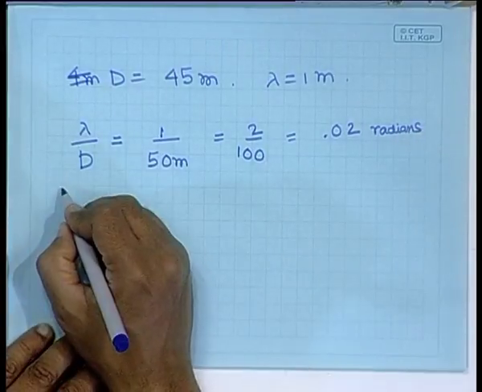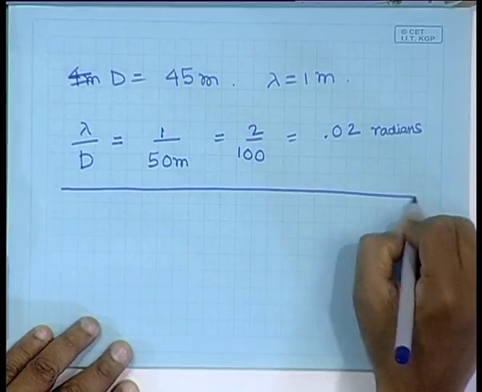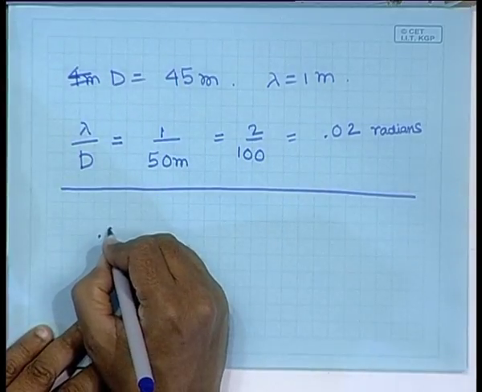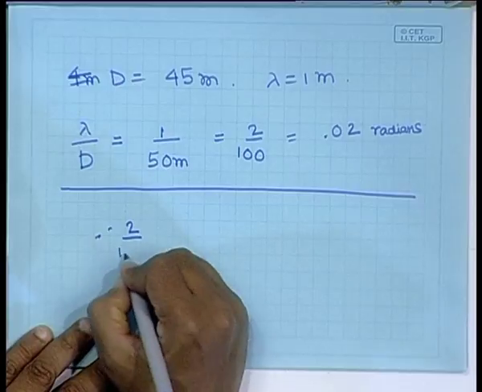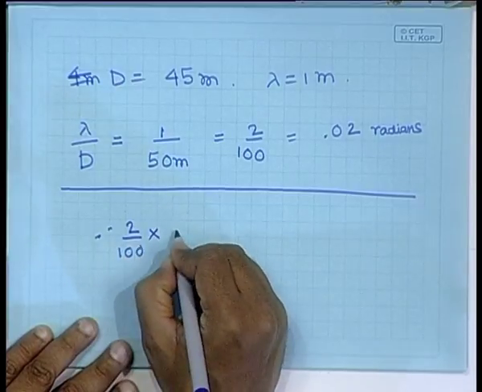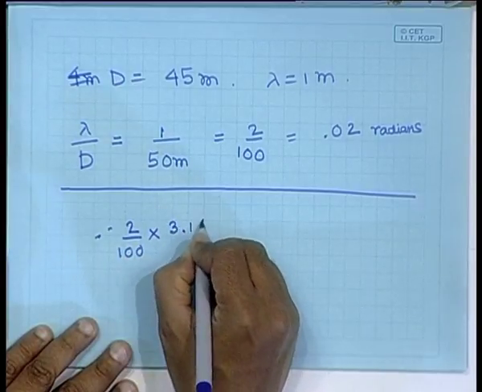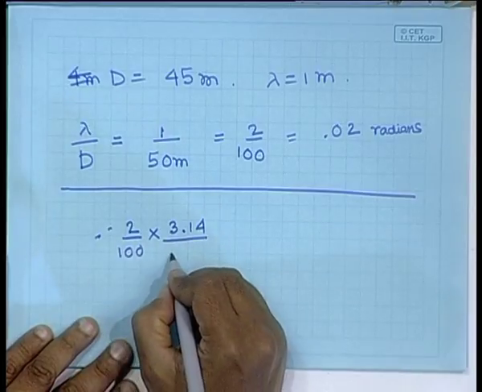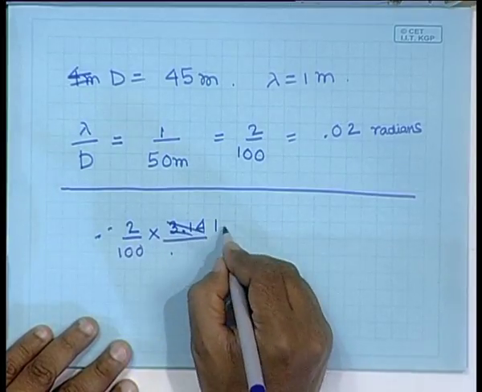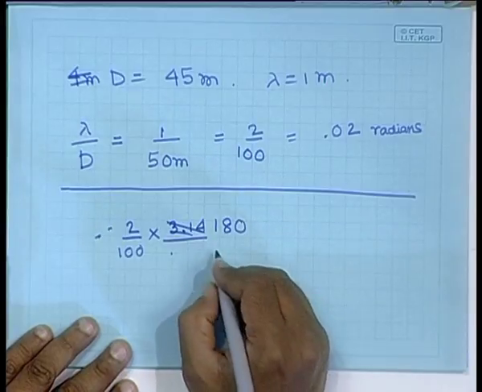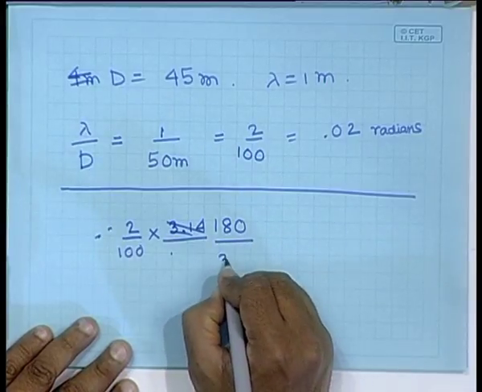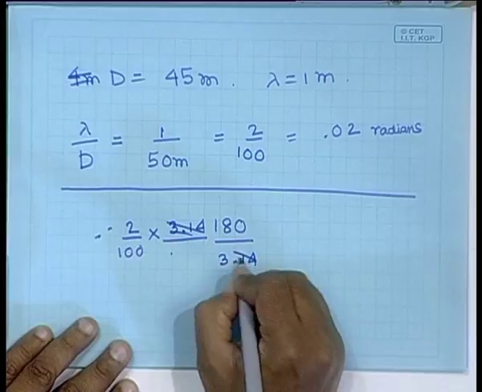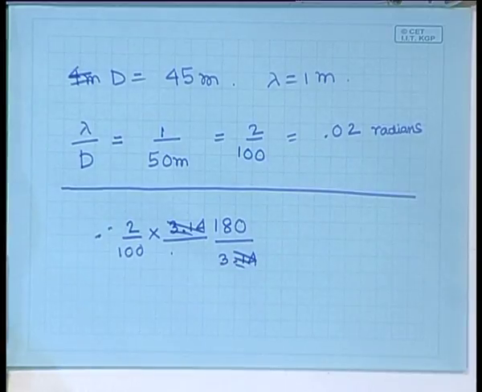and to convert this into degrees, minutes or arc seconds, whichever is appropriate, we can just work with 2 divided by 100 into pi, I can take to be 3.14, divided by 3.14 into 180. Let me take this to be 3 to just get a rough number.